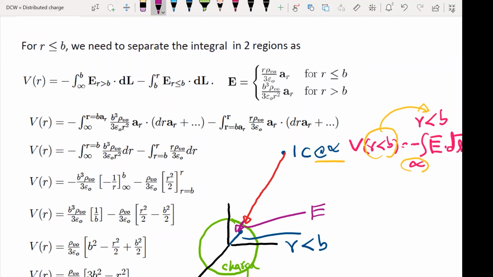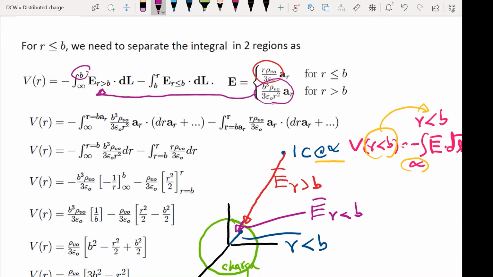Here is E where R less than B, and here is E where R greater than B. We need to separate the integral into two parts as shown here. We need to choose the right equation for the right location. Then follow the integration as follows to obtain the result.